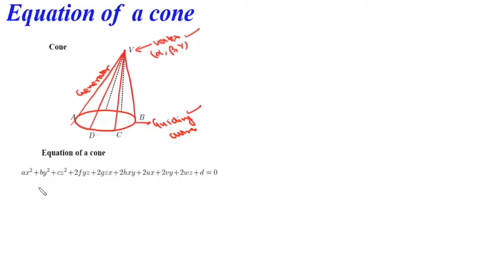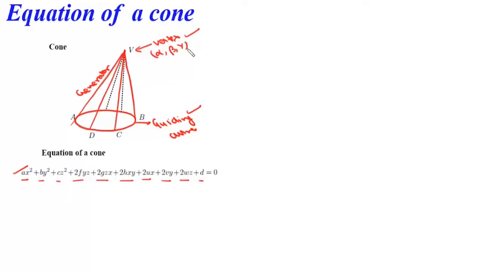Now the equation of a cone in 3D is defined as ax square plus by square plus cz square plus 2fyz plus 2gzx plus 2hxy plus 2ux plus 2vy plus 2wz plus d equals 0. Now we'll try and prove that the equation of a cone takes this form.